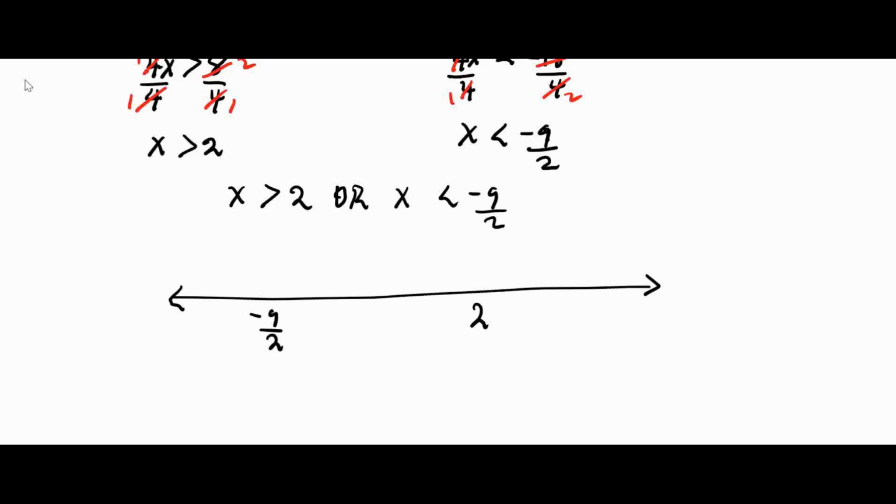So x is less than negative 9 over 2, and we can use an open circle because the inequality sign is just greater than or less than. So open circle and move in this direction because it says less than. And also x is greater than 2, so use an open circle and move in this direction.